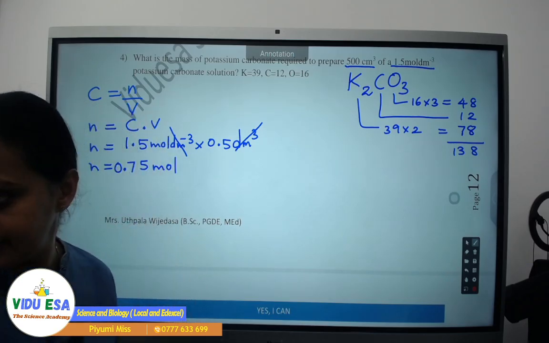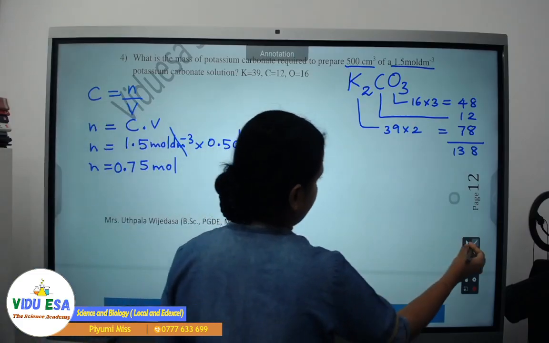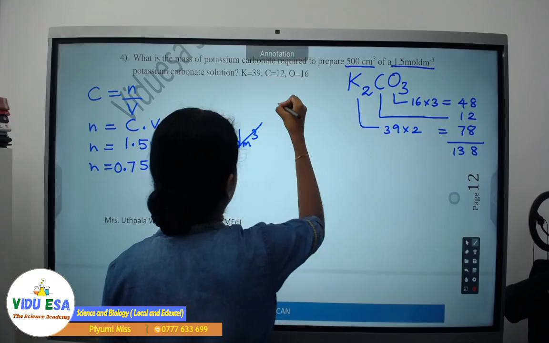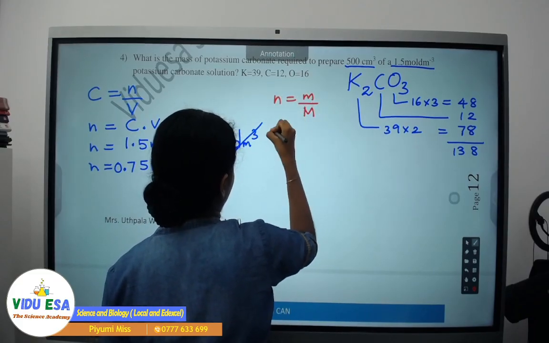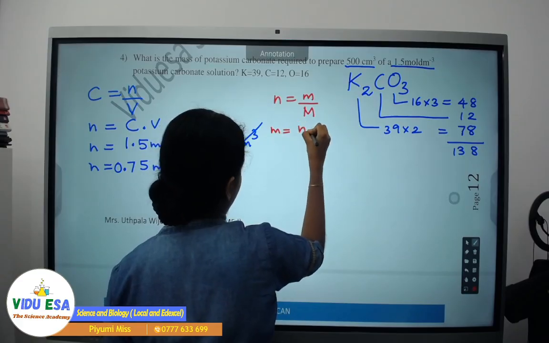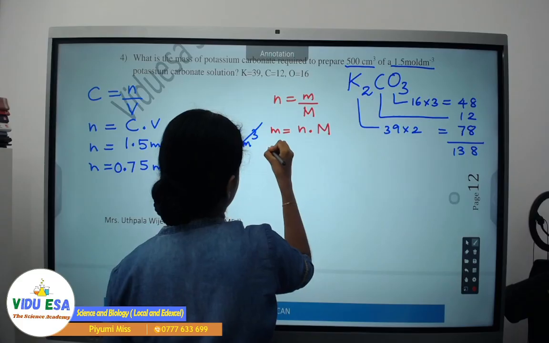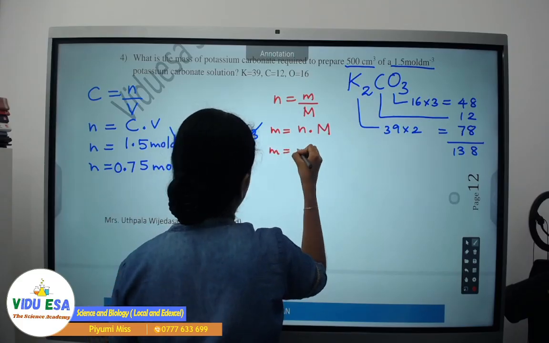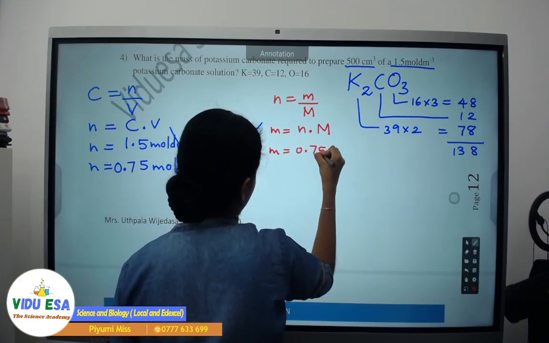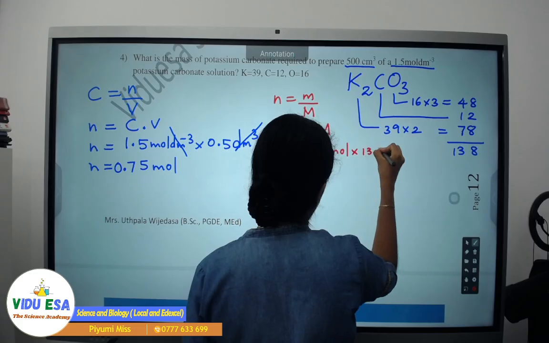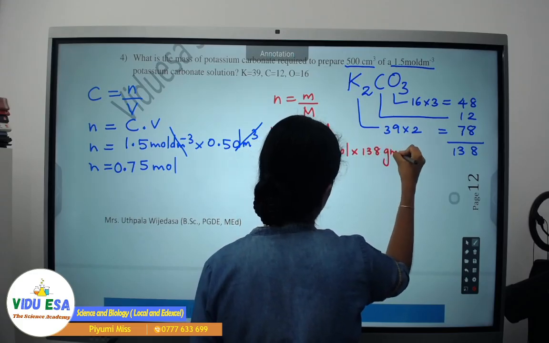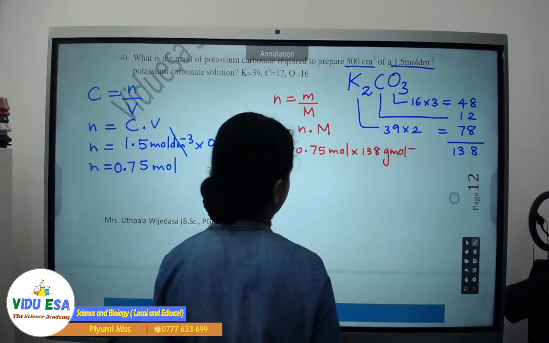Then the number of moles equals mass divided by molar mass. Therefore, the mass equals the number of moles into molar mass. The number of moles is 0.75 moles, and the molar mass is the relative molecular mass taken in grams, 138 grams per mole.